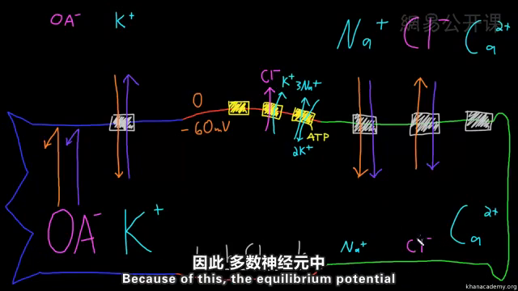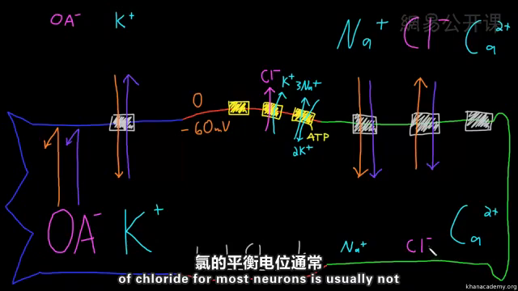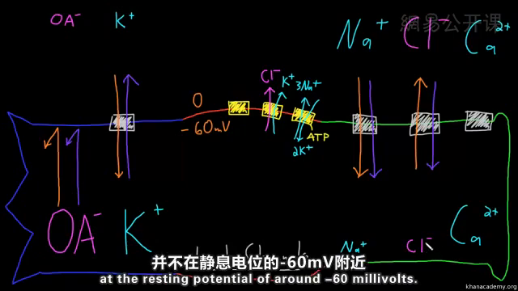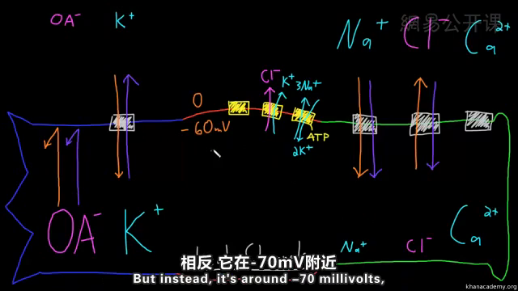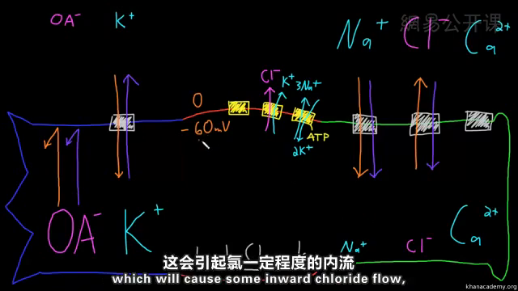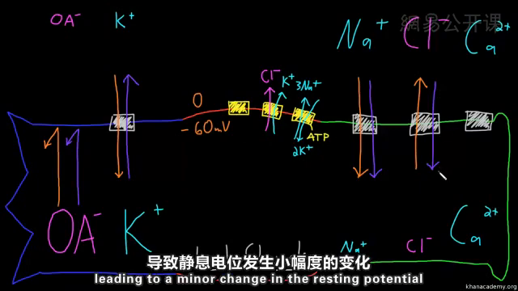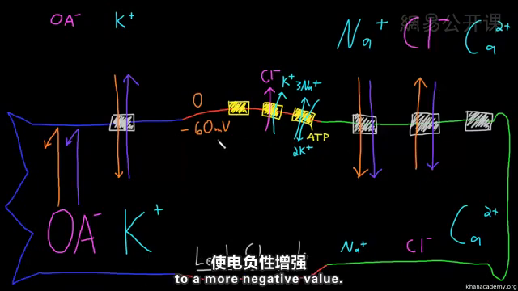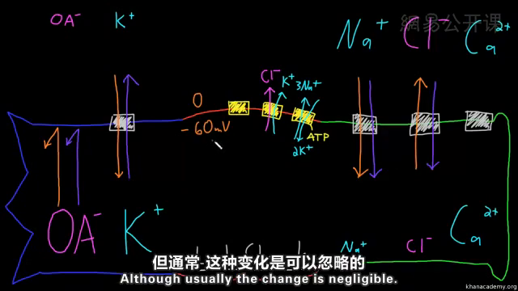Because of this, the equilibrium potential of chloride for most neurons is usually not at the resting potential of around -60 millivolts, but instead it's around -70 millivolts, which will cause some inward chloride flow, leading to a minor change in the resting potential to a more negative value, although usually the change is negligible.